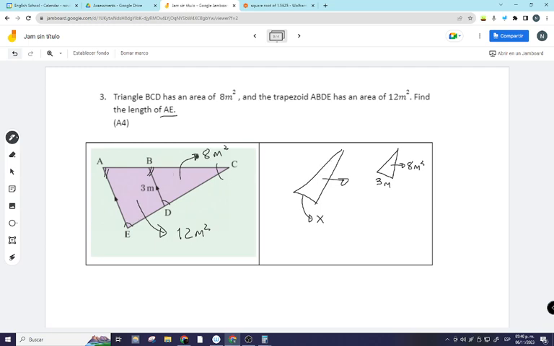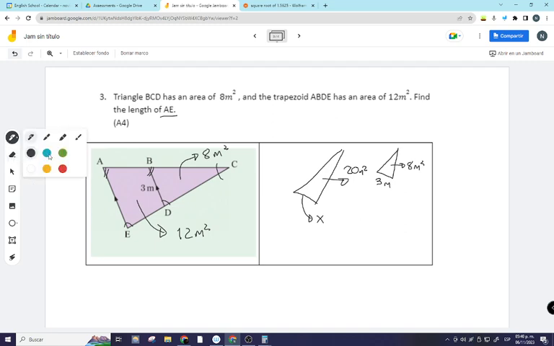That the triangle is 8 plus 12, which is 20. So this is 20 square meters. Now we can find this because we have two areas and we have one segment. So let's find the scale factor.